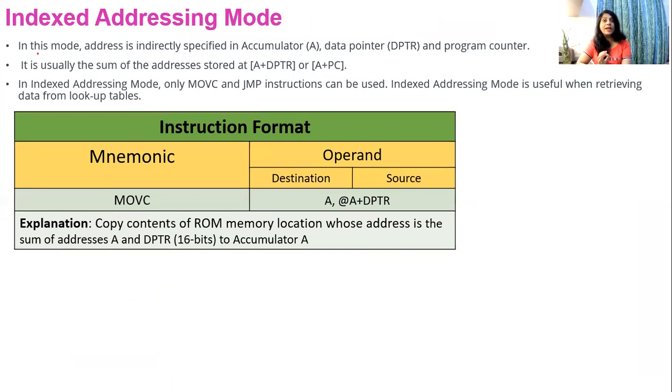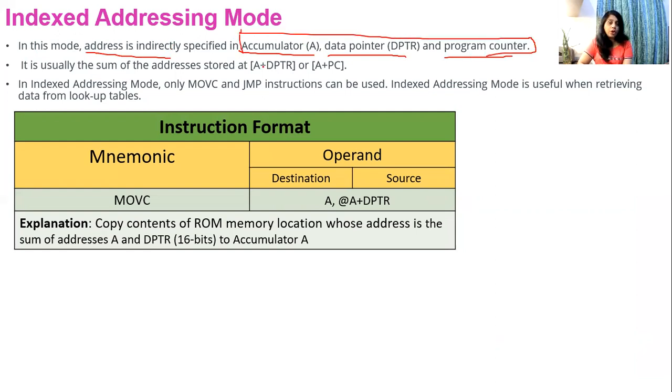What is the meaning of indexed addressing mode? In this mode, the address is indirectly specified using the accumulator, data pointer and program counter. So in this addressing mode, the address is specified in these three registers.